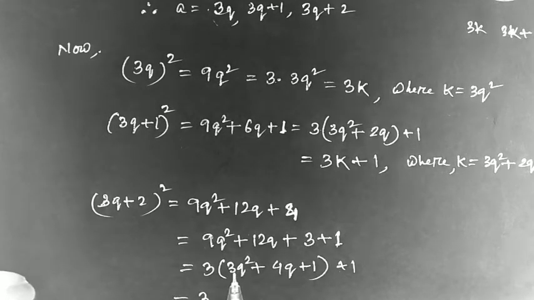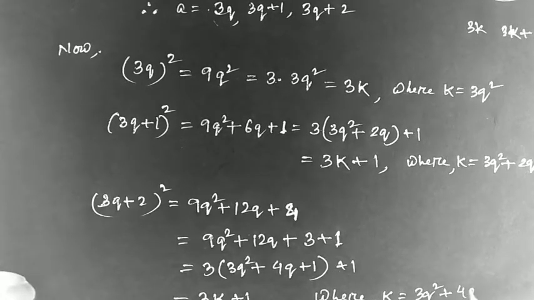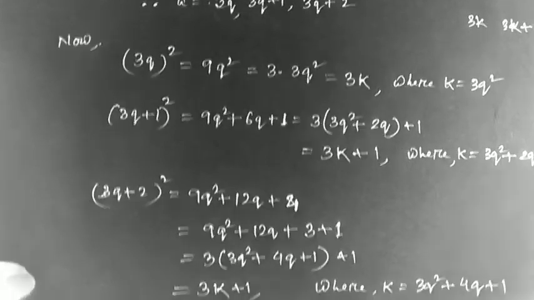So 3 into this term is taken as k and this plus 1, where k is 3q square plus 4q plus 1, no?